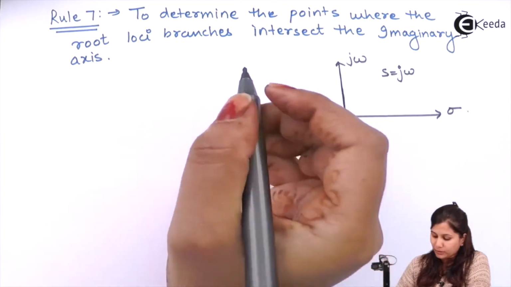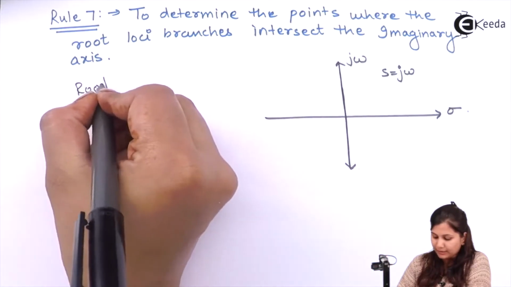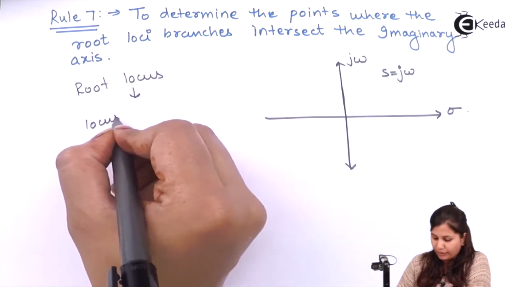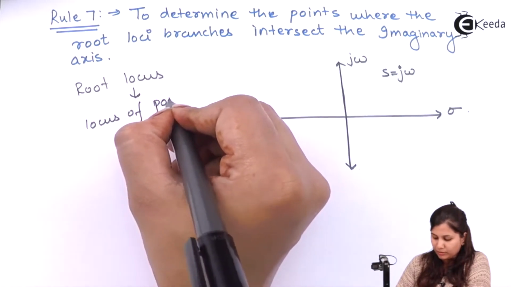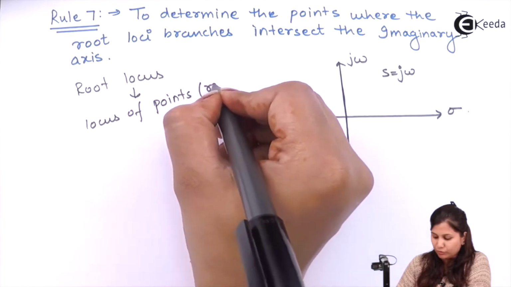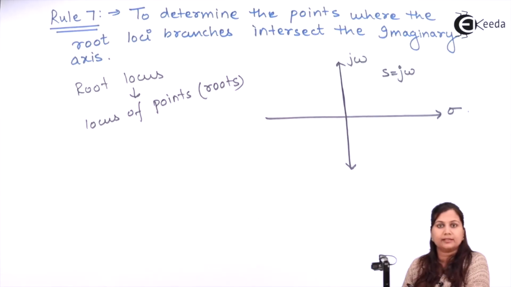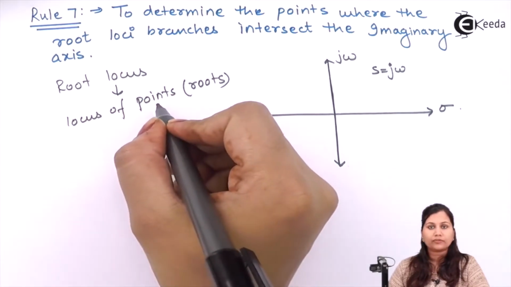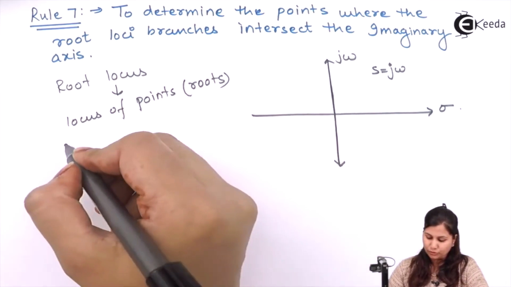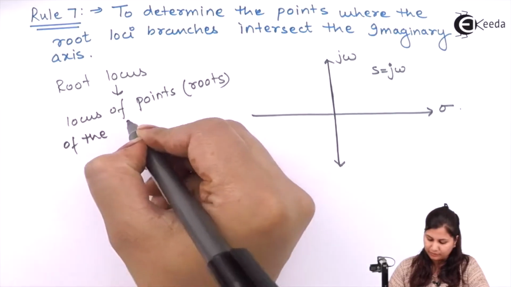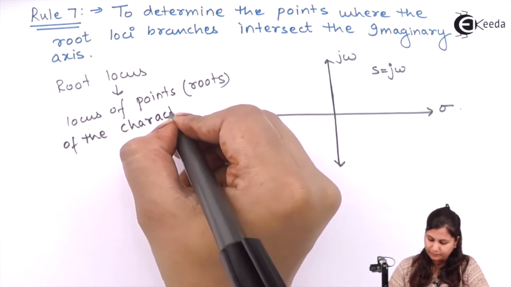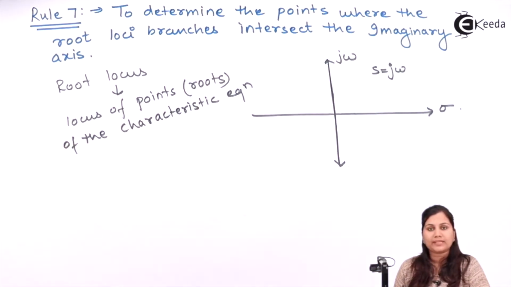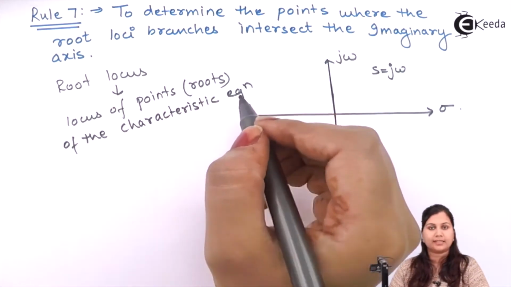Because root locus is the locus of the points, we can say the roots of the characteristic equation. That is, these are the points which satisfy the characteristic equation.